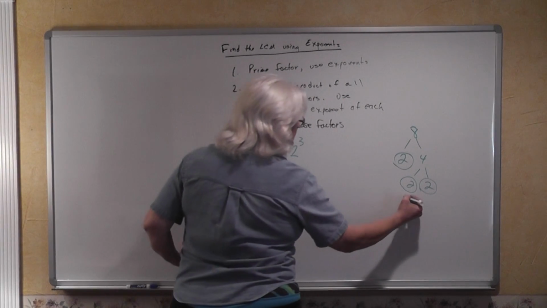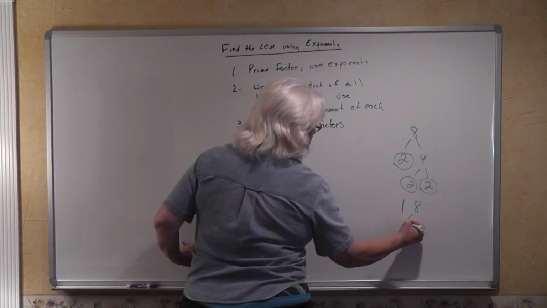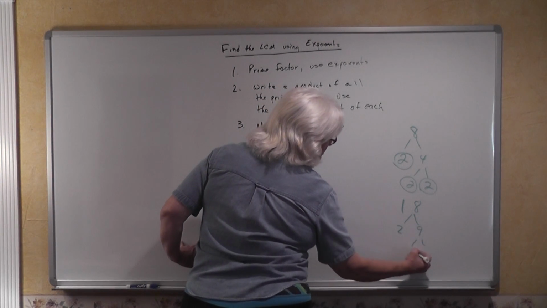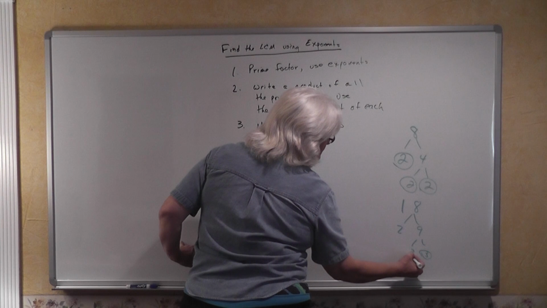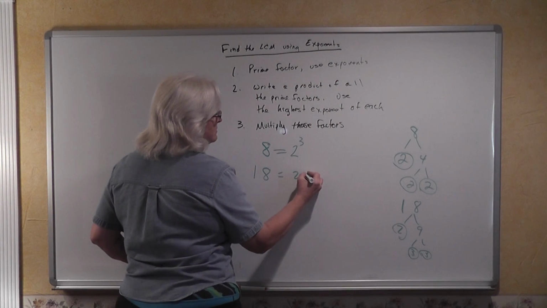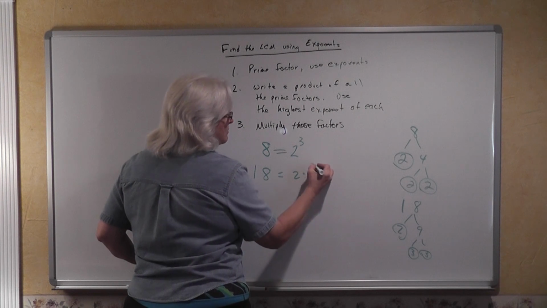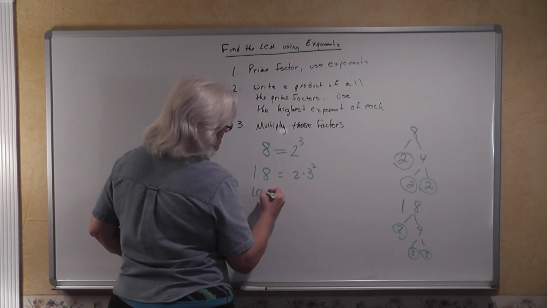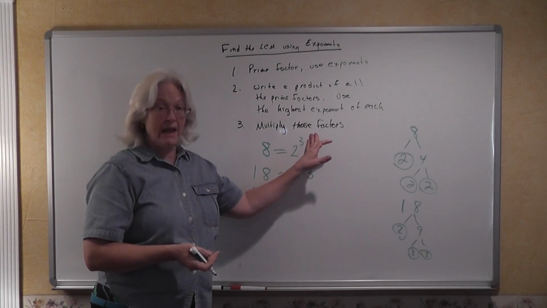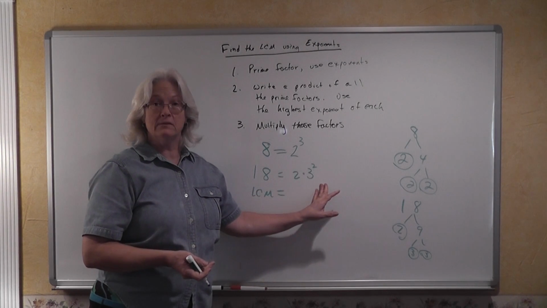And then we have 18, which is 2 times 3 squared. We've prime factored this one a couple of times today. So 18 is 2 times 3 squared. So you have prime factored 8, you prime factored 18.